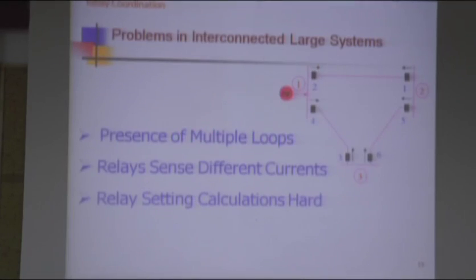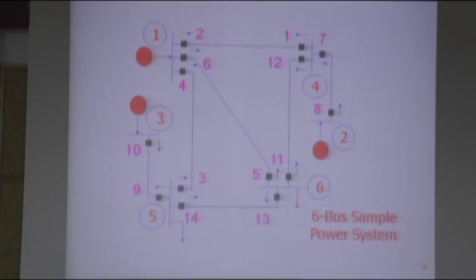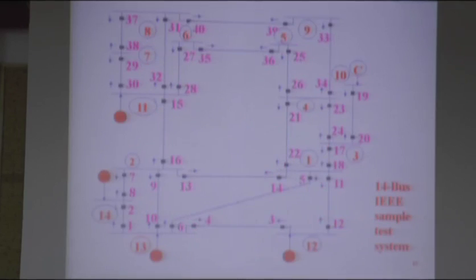Actually, in normal cases the situation is like this, where multiple loops are there, where the whole area is covered, let us say the Ajmer area, Jaipur area, Alwar area, and then integrated in this way.